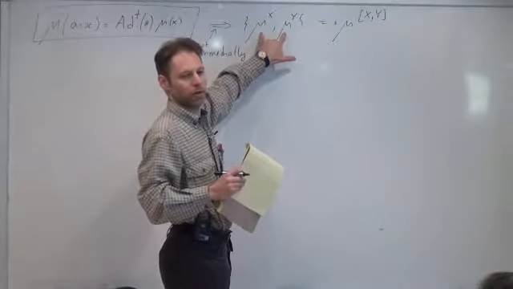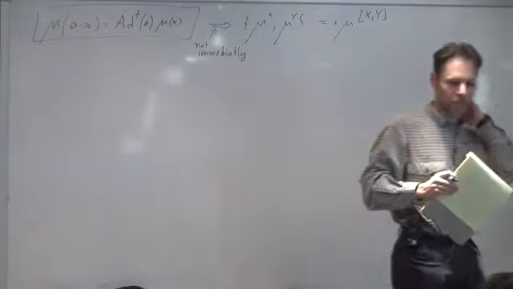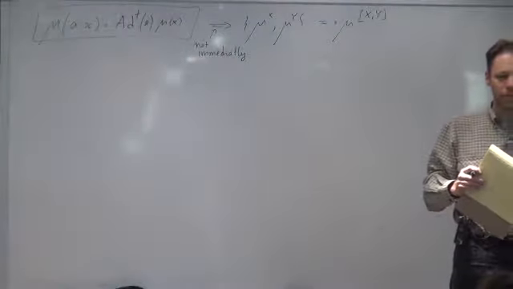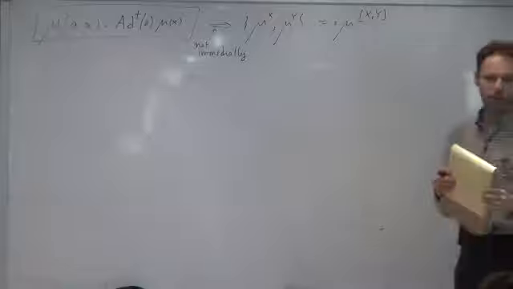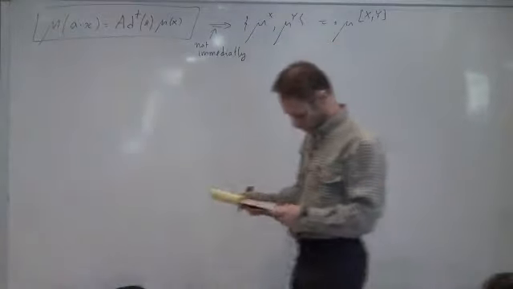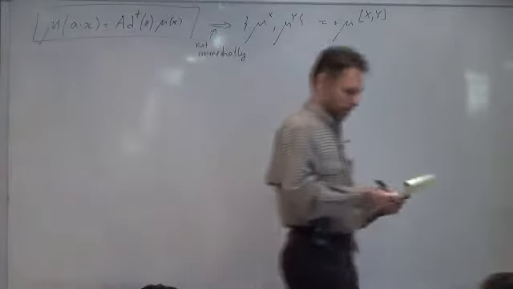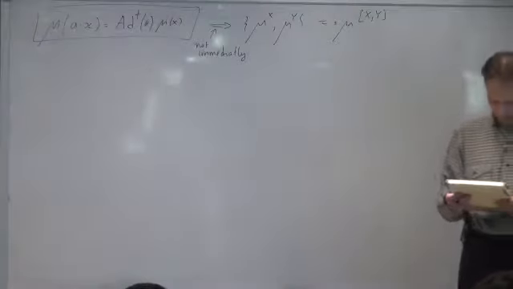But you may not have arranged your functions so that they Poisson commute on the nose. I think you have to be just a tad careful, right? So I don't want to fuss with it, so I'm just going to require that whatever moment map I have is equivariant to begin with, since I can always arrange it.